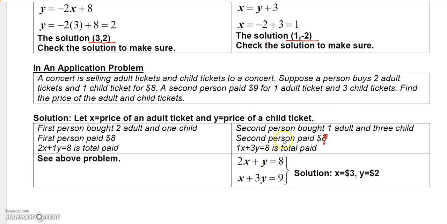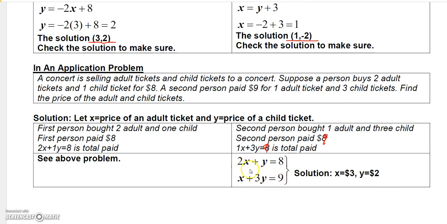So they paid $9, so change that to 9. And so 1 adult ticket plus 3 child tickets must equal $9, so 1x plus 3y equals 9. Now if you put these together, you get 2x plus y equals 8 and x plus 3y equals 9.